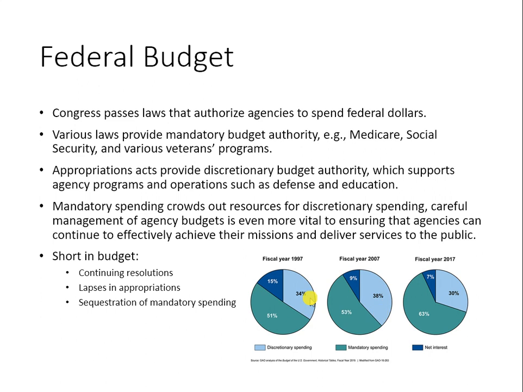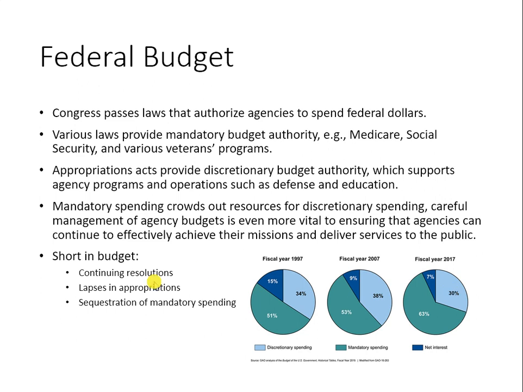In order to spend those monies, we need appropriations acts. Appropriations acts provide discretionary budget authority, which supports agency programs and operations such as defense and education. Every year, the president and the legislative branch work on the budget for this discretionary spending.